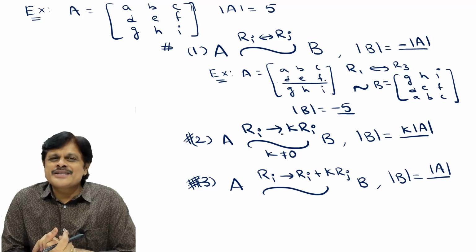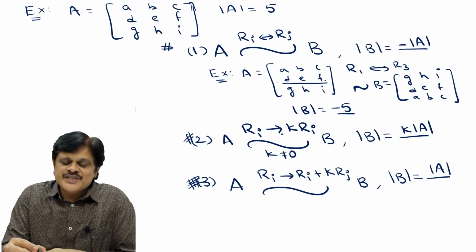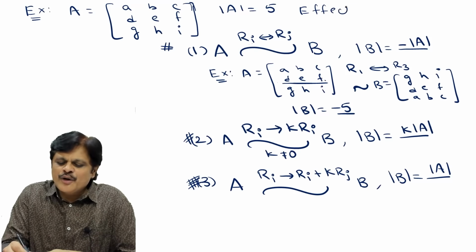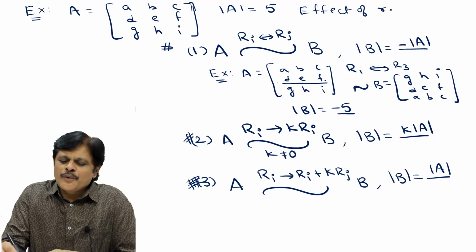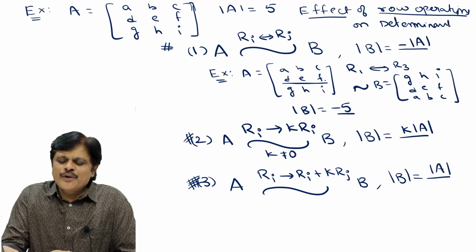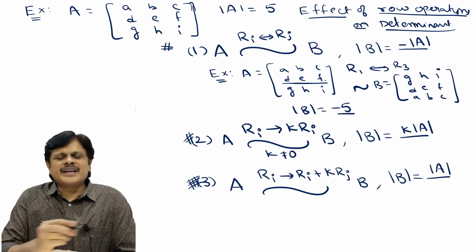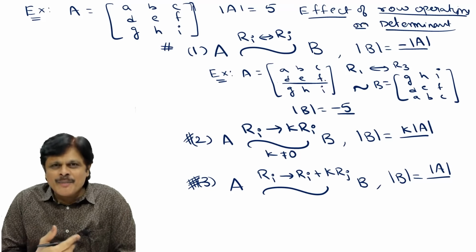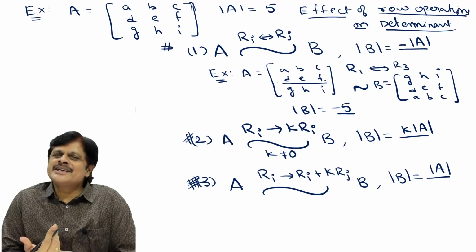So what is the effect of row operations on the determinant? You can simply remember this as the effect of row operations on determinant. Actually, here we did row operations, but if you perform similar column operations, the result is the same.